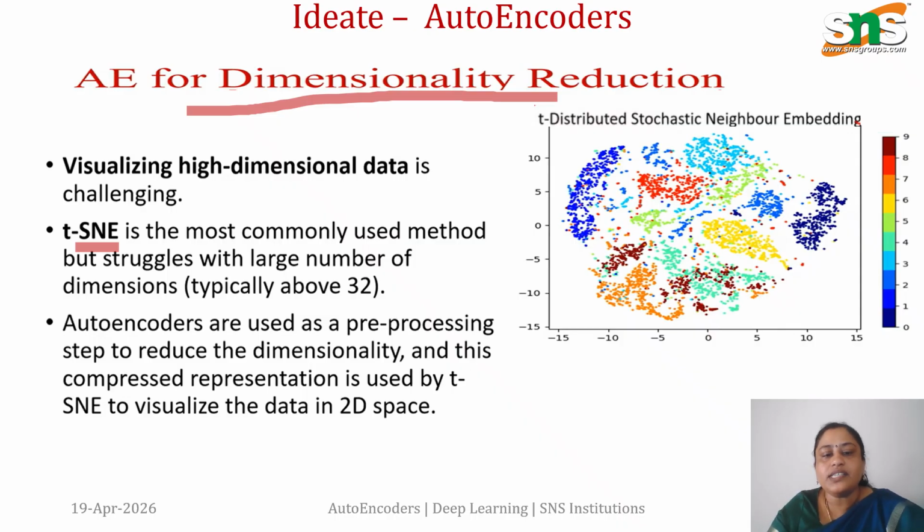Autoencoders are used as a pre-processing step to reduce the dimensionality. Here you can see the dimensionality reduction for the MNIST image data set. So the first application is mainly dimensionality reduction.